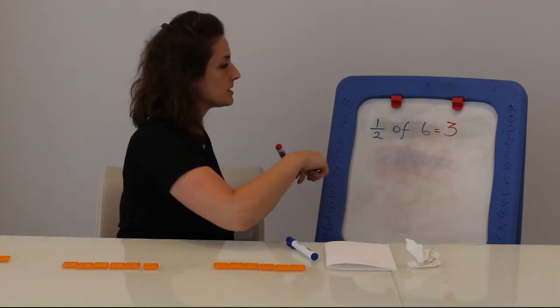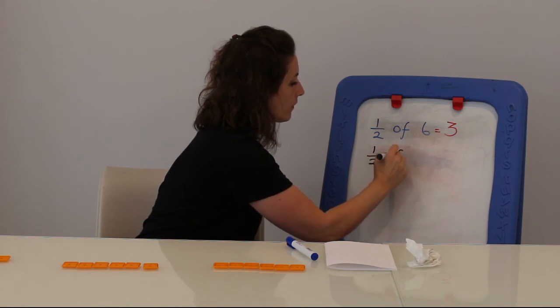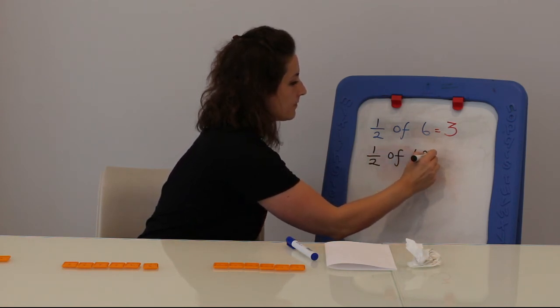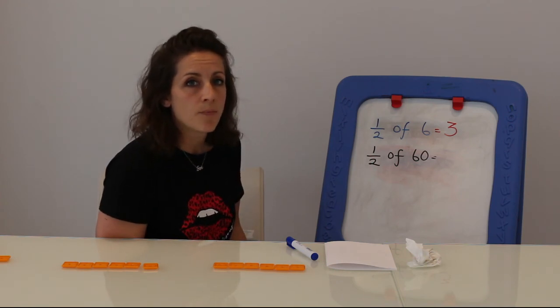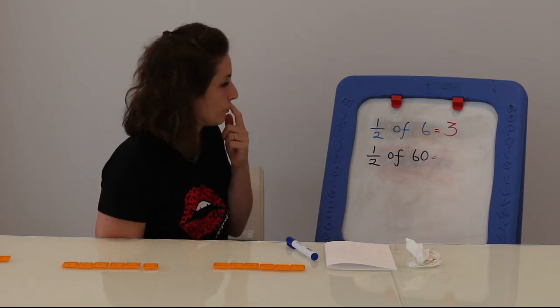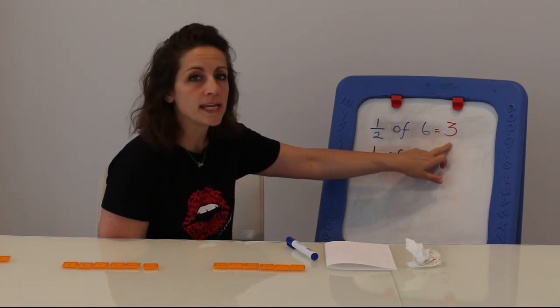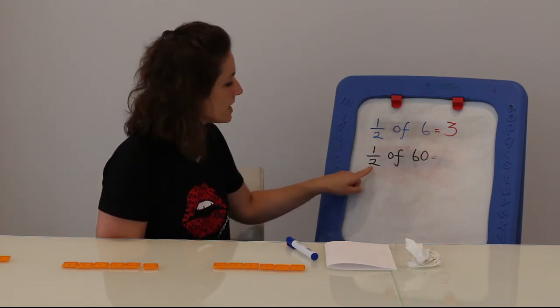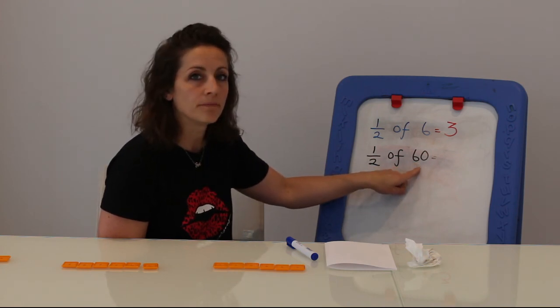One of the questions is, what is half of 60? Now I'm not going to tell you the answer, but what I'm going to do is give you a clue. If I know that half of 6 is 3, what do you think half of 60 might be?